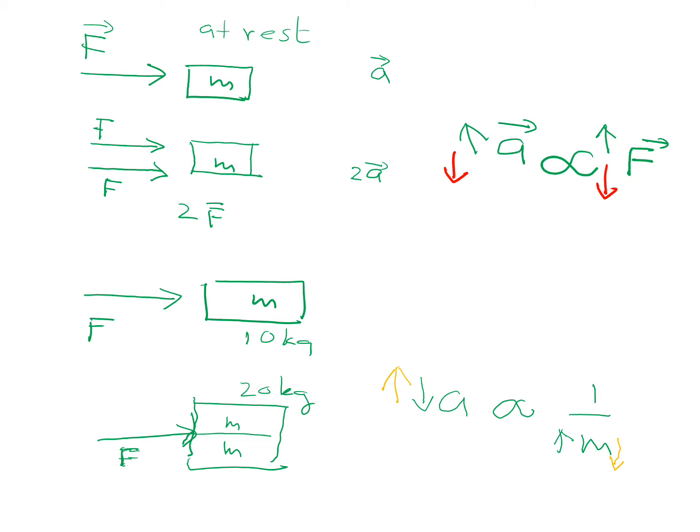So now I can combine acceleration proportional to force and acceleration inversely proportional to mass into one equation. Acceleration, which is a vector, is proportional to force over mass.